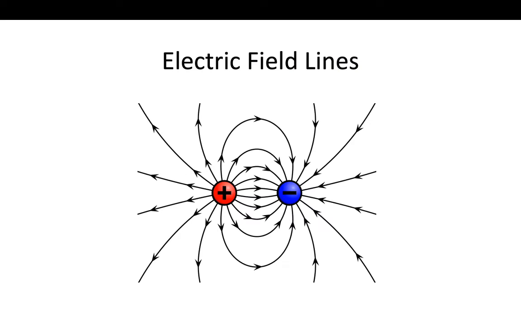So let's recall a bit about electric field lines. As we studied, electric field lines are basically an indication that shows us the direction of the electric field.